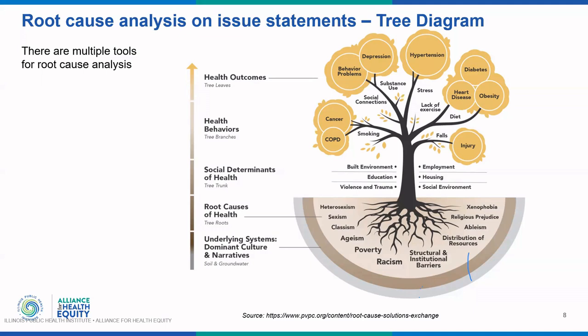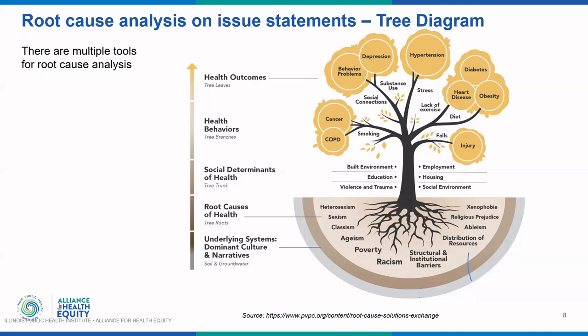And then looking at the structural root causes, like what are the cultural and underlying systemic issues that are causing these differences in the social determinants of health or access to the social influencers of health. So that's how you would work through the process.